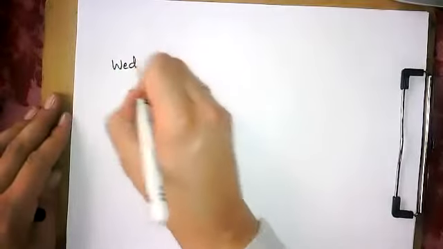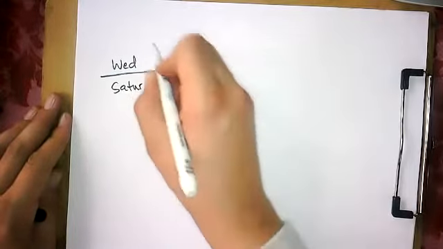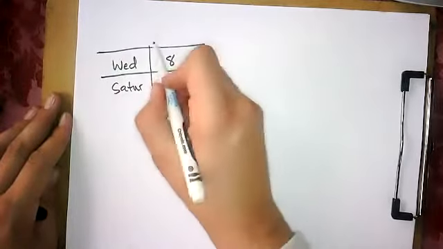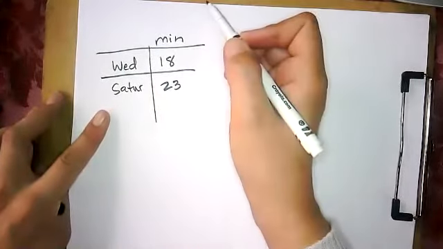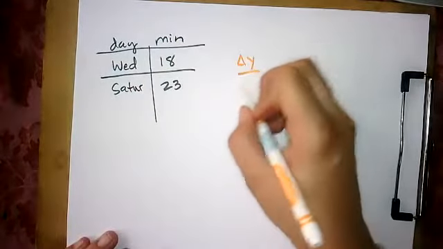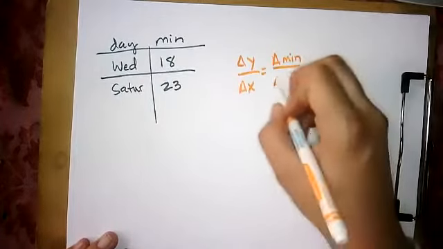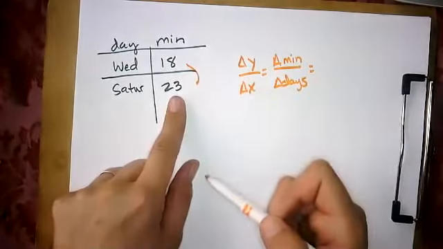If I look at this one, it's saying from Wednesday to Saturday. Wednesday was 18 minutes and Saturday was 23 minutes. So these are days, and those are minutes. If I'm looking at that rate of change, the change in y over the change in x, I'm really looking at the change in minutes over the change in days, which is 18 to 23 here.